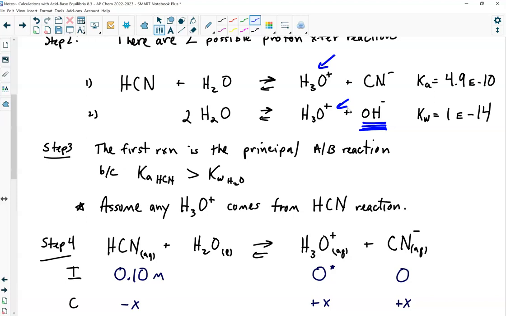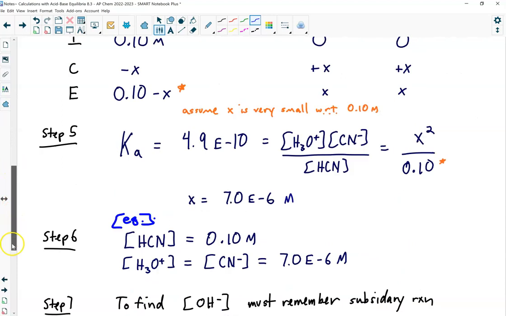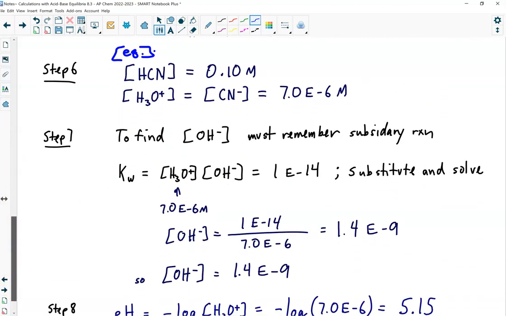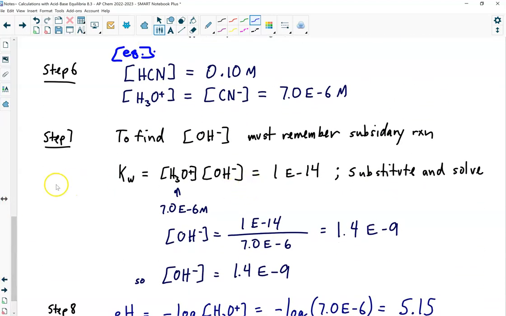Okay, let's scroll back down and see what those last couple steps are telling us. We're working with the subsidiary equation, the equilibrium expression for water. Kw, H3O times OH minus, is 1 times 10 to the negative 14.